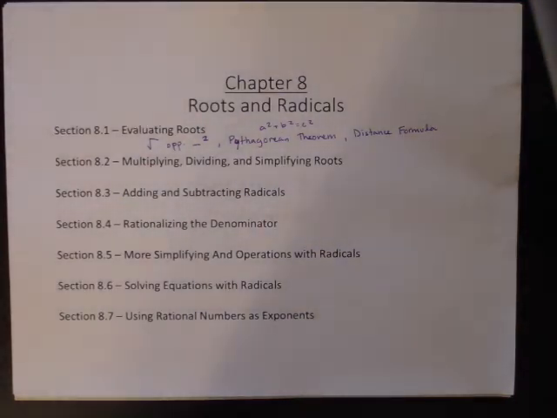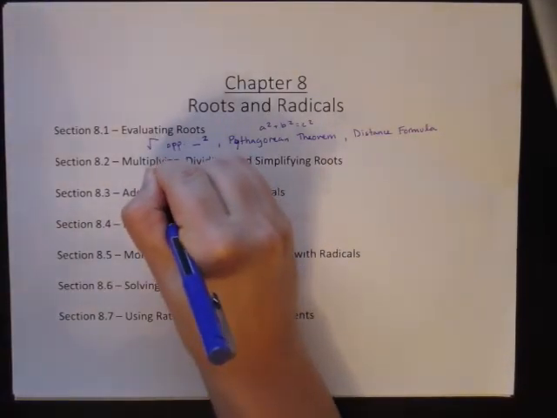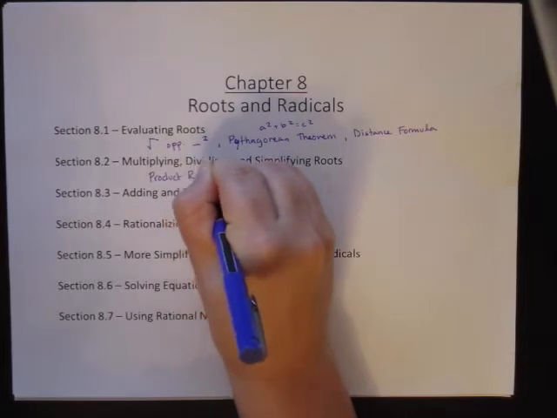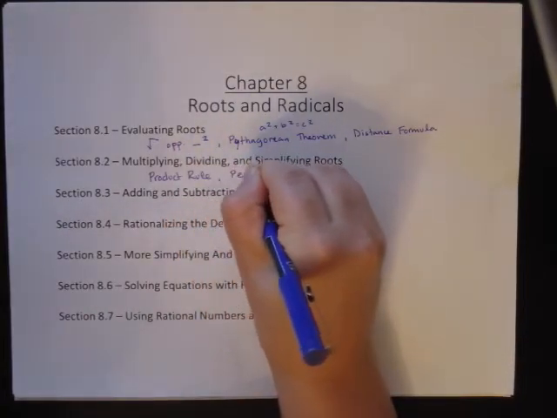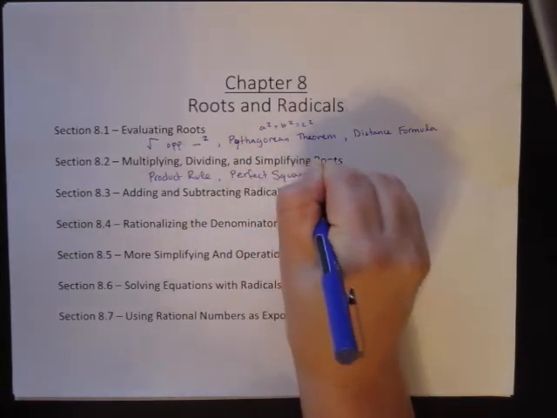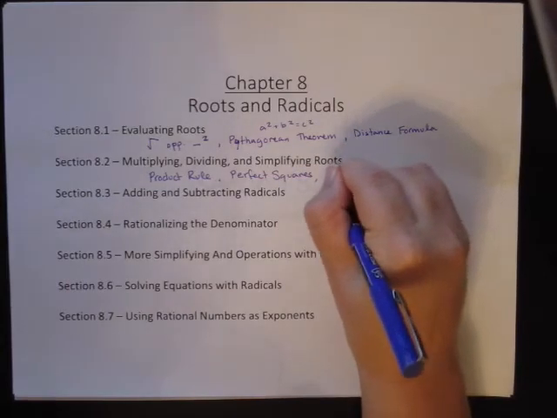8.2, we're going to be multiplying, dividing, and simplifying roots. So we're going to use the product rule. We're going to use perfect squares. And then we're going to use perfect cubes.